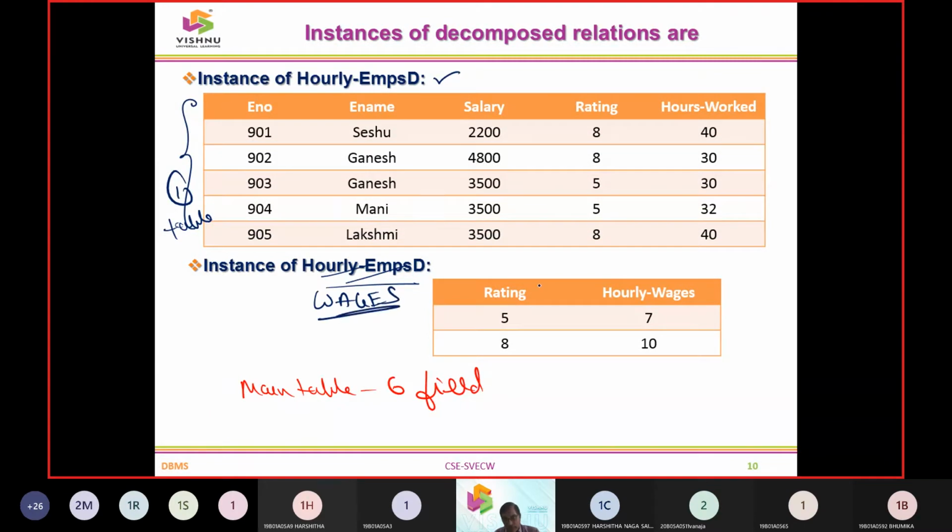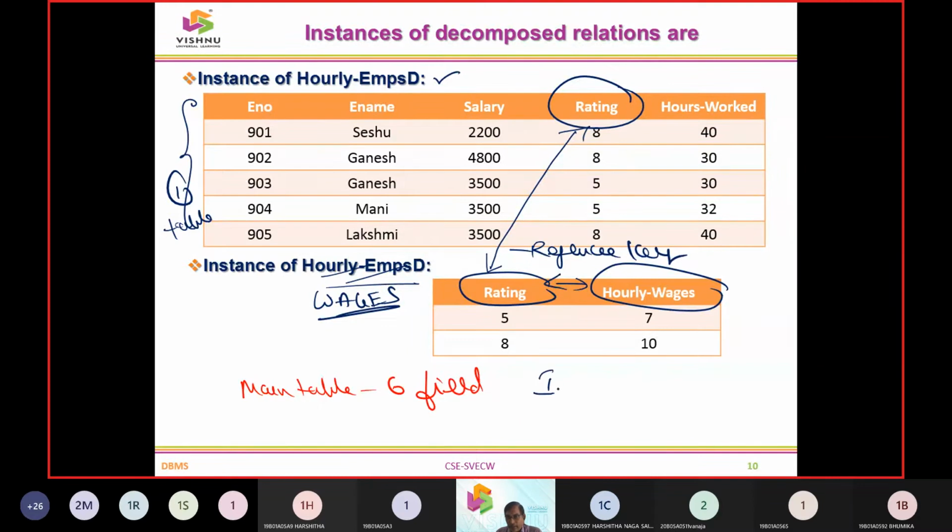The wages table is only giving a relationship between rating and hourly wages. But hourly employees D is going to have a rating here, and that rating is going to link table 1 and table 2. It acts as a reference key, and it is going to associate between multiple tables.